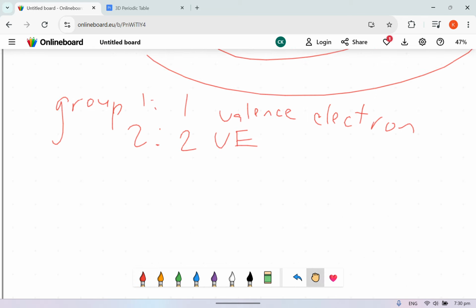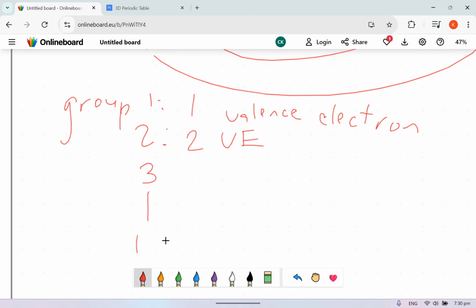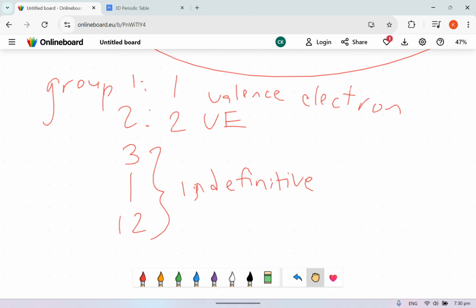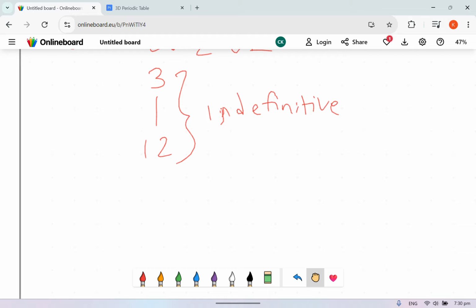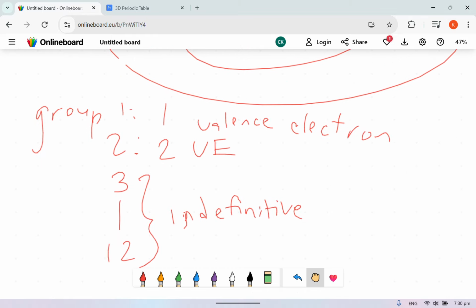Now, from group 3 all the way until group 12, it's indefinite. It's different for each element and not specific. There isn't a definitive way of saying group 3 has this many valence electrons. No, they're all different. So basically, group 1, 1 valence electron, group 2, 2 valence electrons.